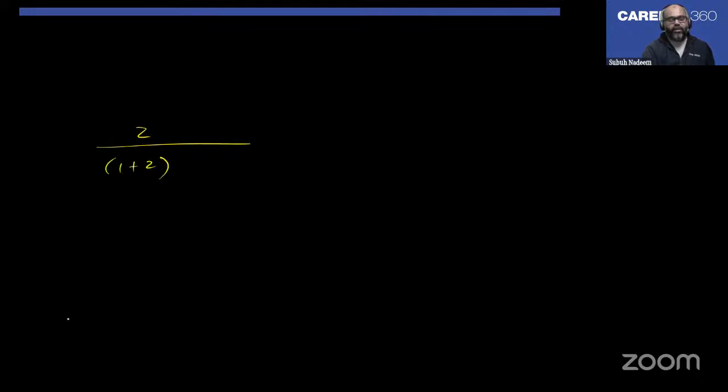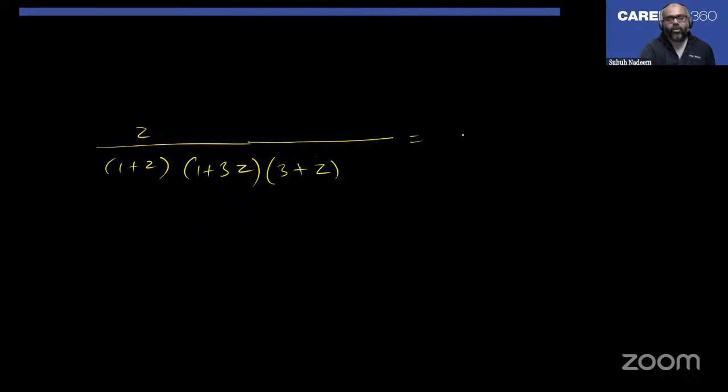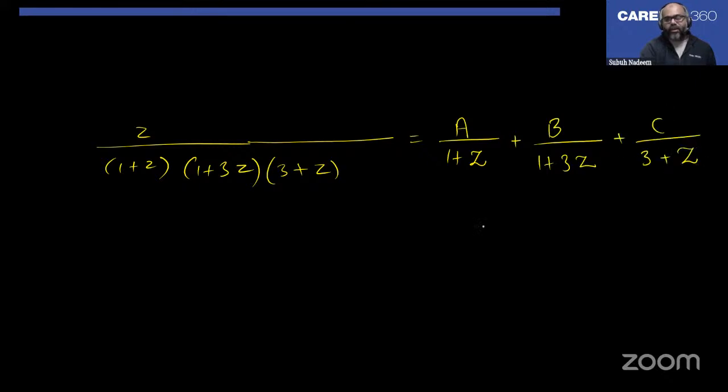z by 1 plus z, 1 plus 3z and 3 plus z. तो इसको ले लेते हैं, न्यूमरेटर में भी हमारे पास z है. ठीक है, तो इसको हम ले सकते हैं 1 by 1 plus z, plus ये हो जाएगा a, and then we have b by 1 plus 3z and then c by 3 plus z.